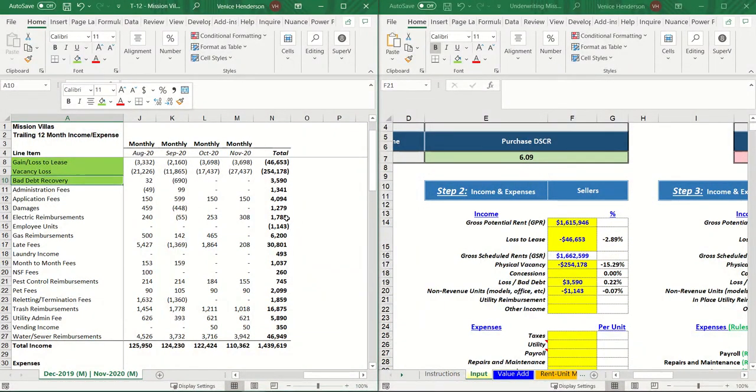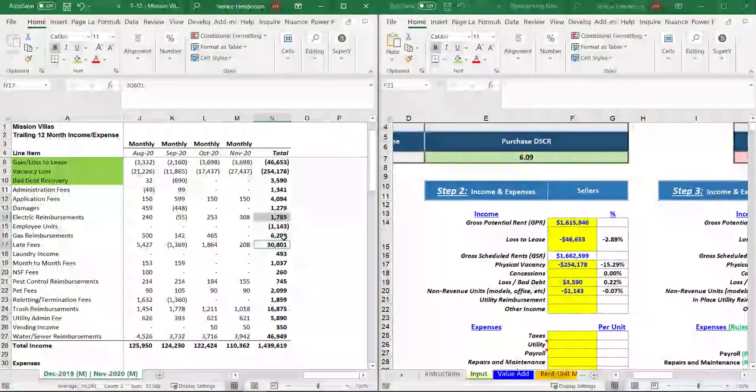So now let's go ahead and get everything that refers to a utility, we are now going to capture. So I see electric reimbursements. I see gas, electric, gas. I see trash. I see utility and water and sewer, for a total of $77,699.